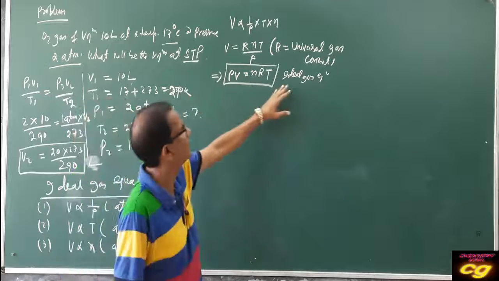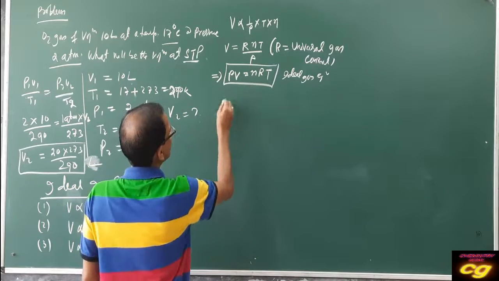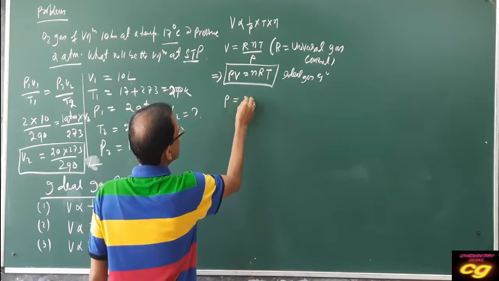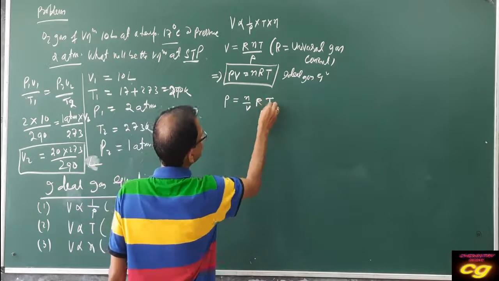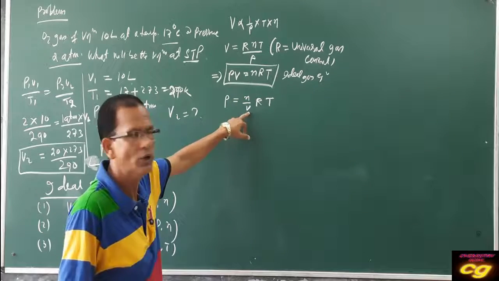PV is equal to nRT. This is an important formula, and if you rearrange it, P is equal to n by V into RT. Here n by V means the number of moles per volume of the gas.